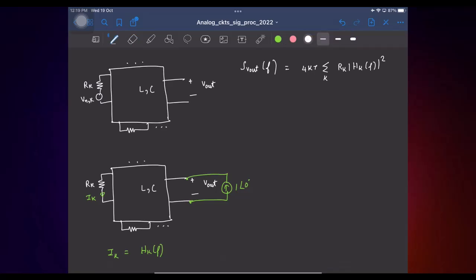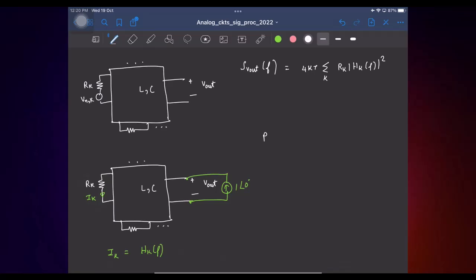Okay, so now that is fine. Then can you comment about the power dissipated in the resistor RK? IK is a complex quantity, remember. We have a current with an amplitude 1 here. What is the magnitude of the current? Mod hk.